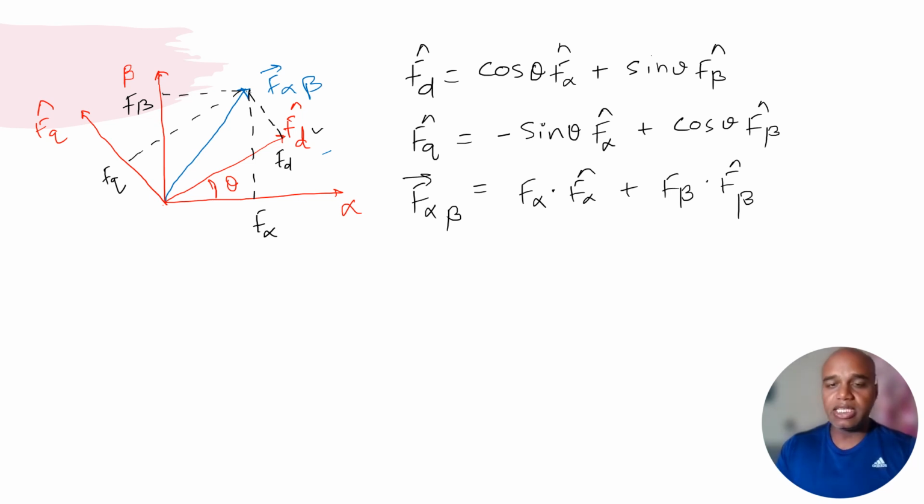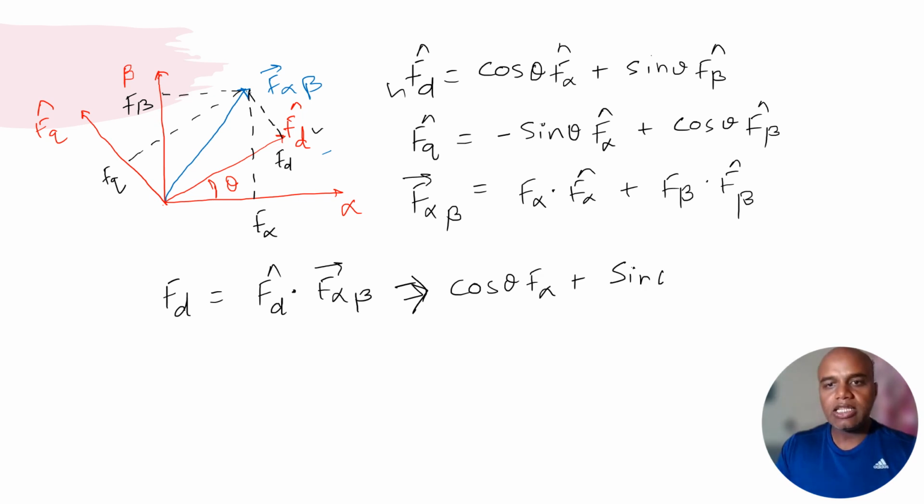The projection of the arbitrary vector on each of the two new unit vectors implies the dot product. So taking that into account, I can say that fd is equal to fd cap dot the f alpha beta vector, which, putting in the fd cap value, gives fd equal to cos theta f of alpha plus sine theta f of beta.